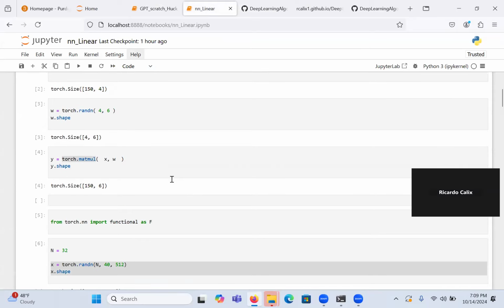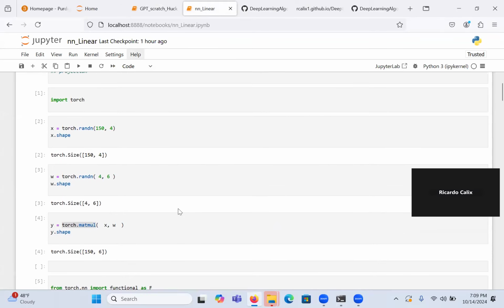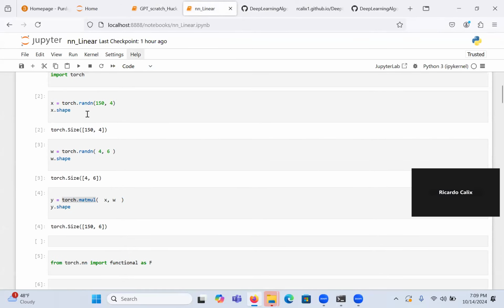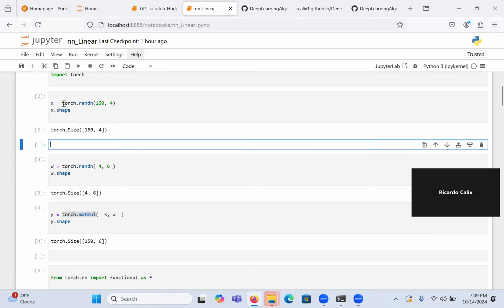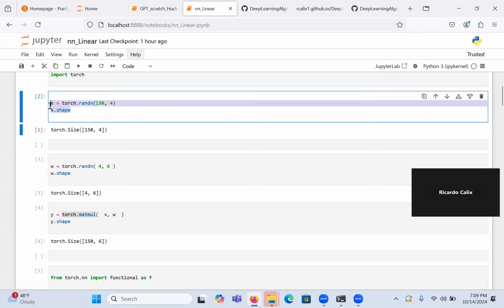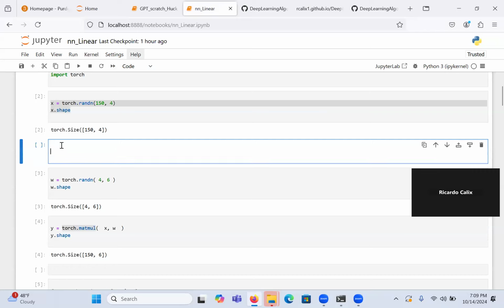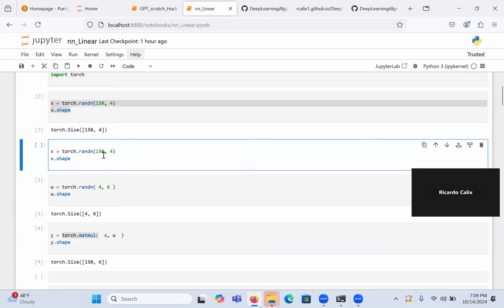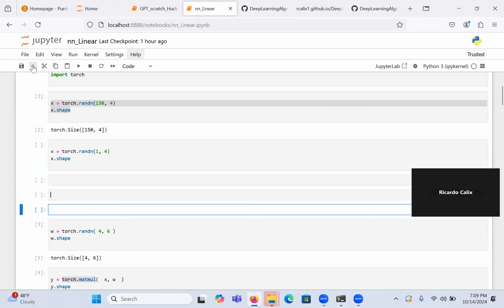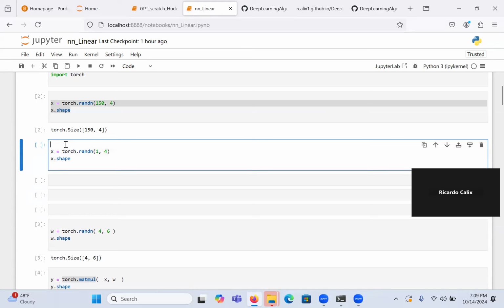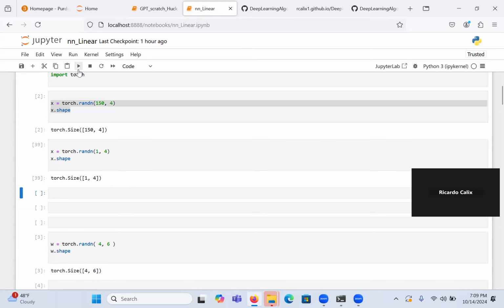At the very beginning, I had a tensor X. So let's create a tensor that is 1 by 4, let's say, right? And I'm going to add a few more here. So I run this one, 1 by 4. It's kind of the same. 1 batch, 4 integers.